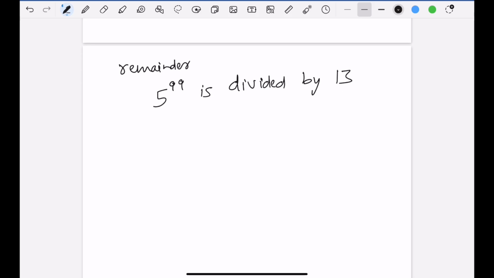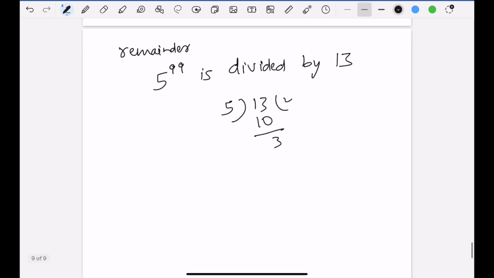Here, we see 13 and 5 are not multiples of each other. And even if we divide 13 by 5, the remainder we get is 3, which is not helping.